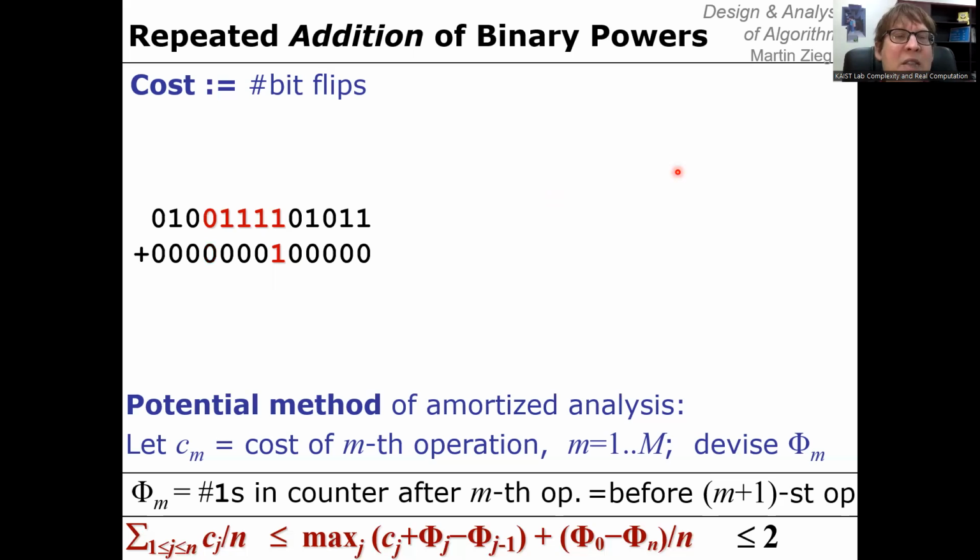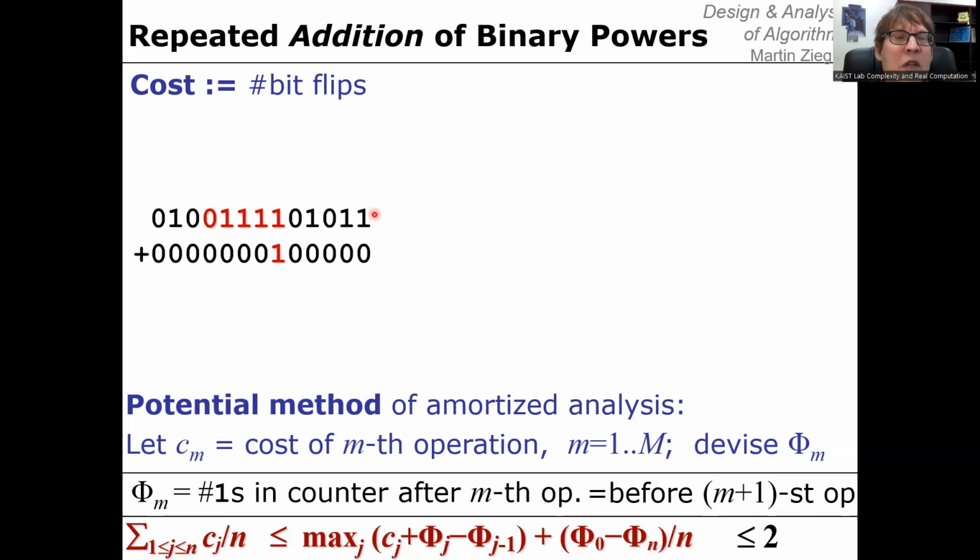Now we add this binary power of 2, not 1, but this number. You see the lower bits are not affected. All the bits that are 0 in the increment won't affect the bits in the counter value. So basically, this is the same as incrementing a counter that only starts here.